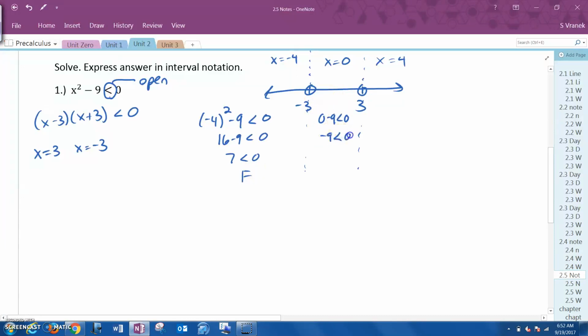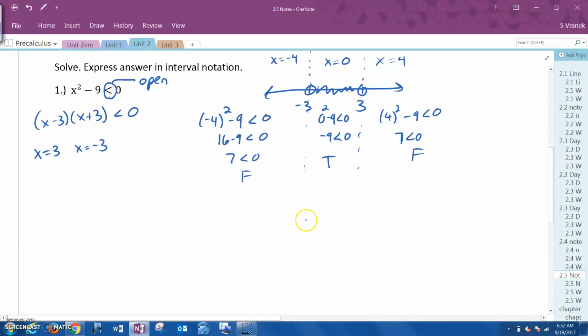Negative 9 less than 0, and sure enough, that is a true statement. So this, so far, is a solution. Over here, I square 4 again. It's just like the other one, you're going to get 7 is less than 0, which is a false statement. So the only solution to this inequality is between negative 3 and 3.